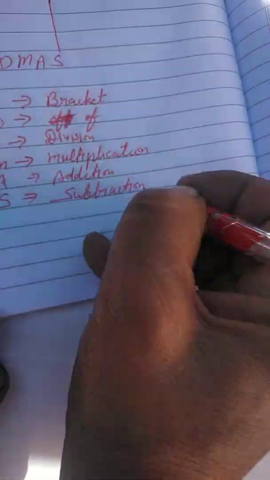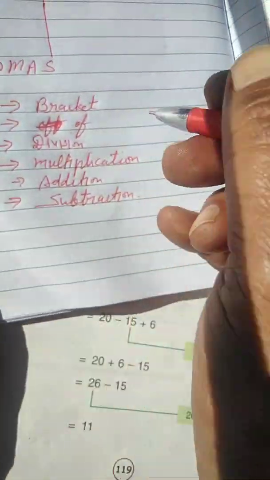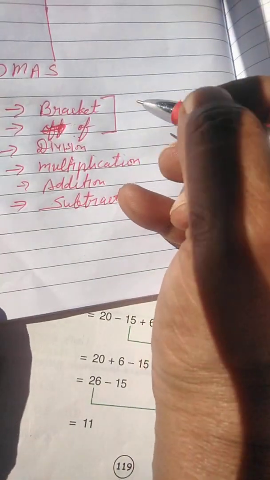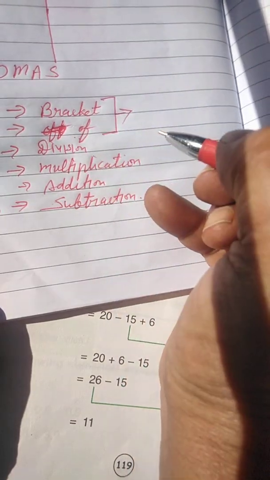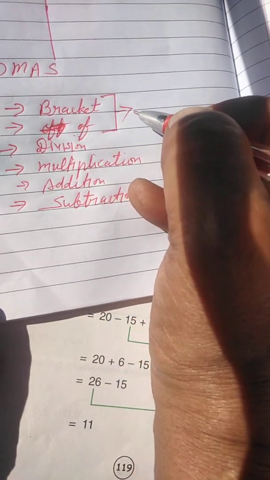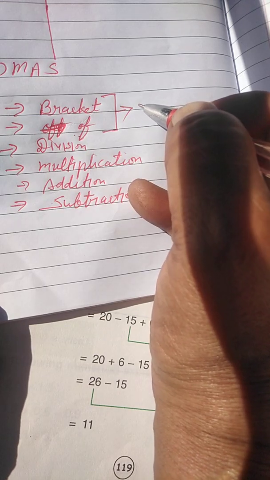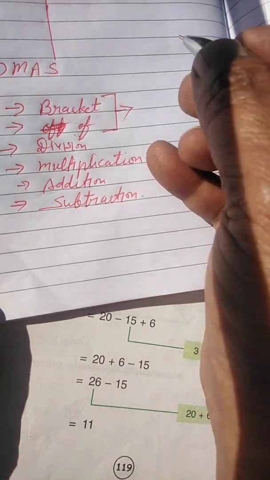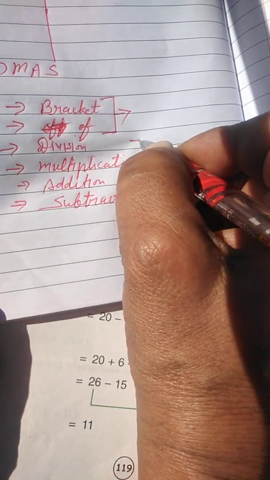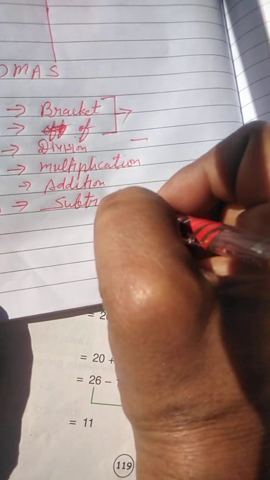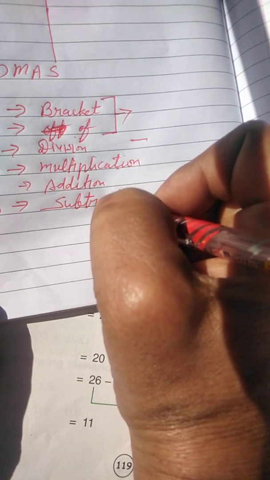Right? Now bracket and of are not in the syllabus of class 5th. You will find them in class 6th or 7th and onwards. Here in class 5th we will use only these four operations: division, multiplication, addition and subtraction, right?